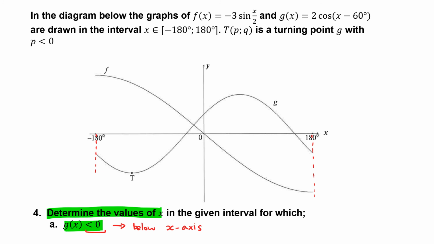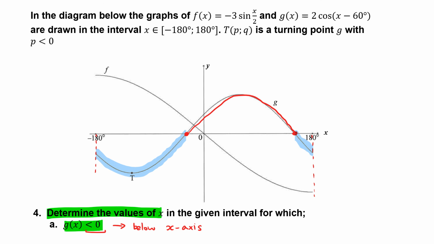And so if we highlight g of x over there, you'll see that it's below the x-axis from there all the way along. But the moment we hit this point over here, it starts moving above the x-axis. So that doesn't help us. And as we carry on moving along the function, eventually we hit the axis again, and it moves below the x-axis.